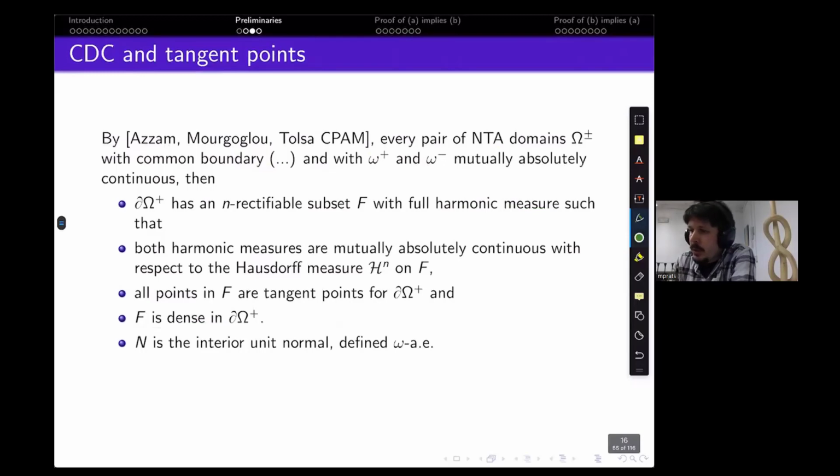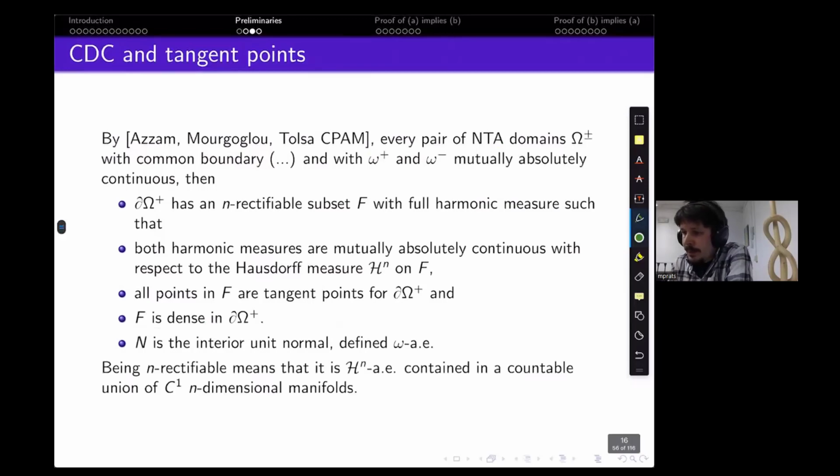Now, the unit normal is defined omega almost everywhere, which comes from here. And then being n-rectifiable, I haven't told you what this is, you already know probably. It means that it's almost everywhere with respect to surface measure contained in a countable union of C1 n-dimensional manifolds.